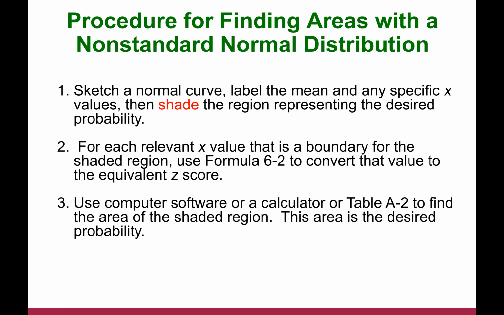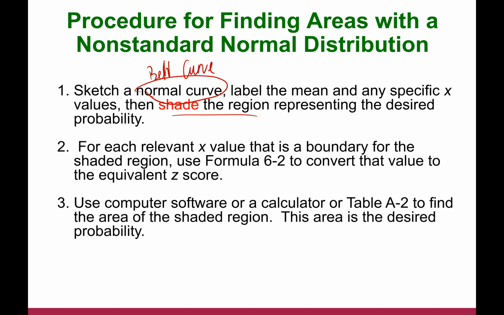Procedure to find the area with the non-standard normal distribution. First of all, sketch a normal curve, which you can also call a bell curve. Label the mean and any specific x values. Shade the region that represents the desired probability, with the relevant x value as a boundary.